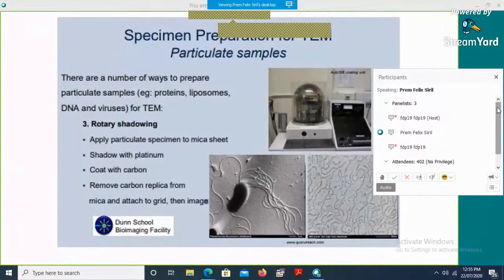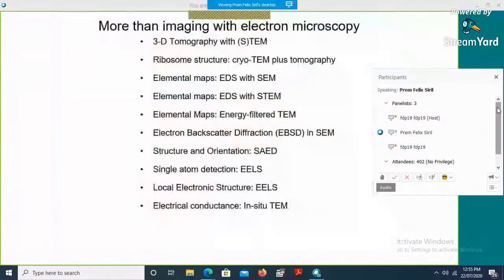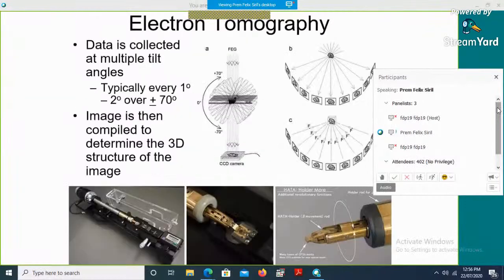So, apart from imaging, we can do elemental mapping. And before concluding, I would like to say, although I consistently reviewed the three-dimensional image, the technology has proven me wrong.